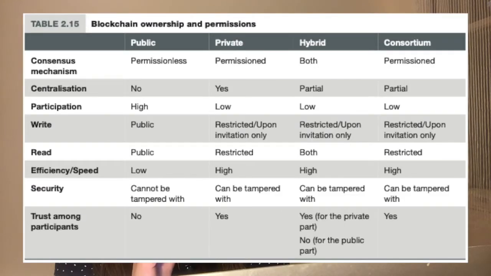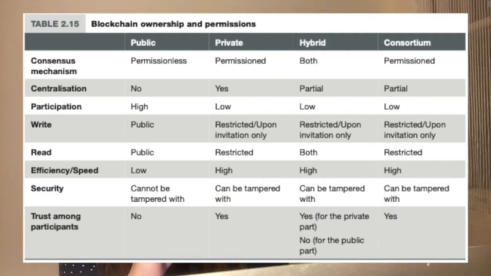A public blockchain can be written by the public, whereas private, hybrid, and consortium have restrictions in writing, or it is upon invitation only. When it comes to reading, a public blockchain can be read by the public, but private and consortium have restrictions.